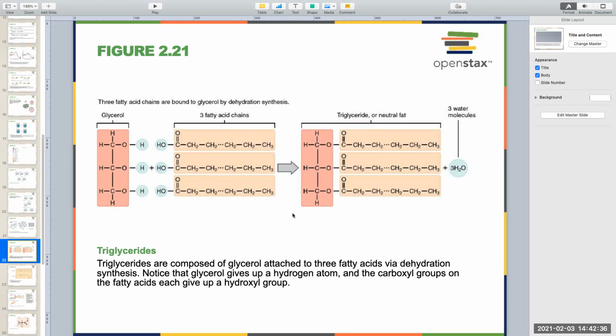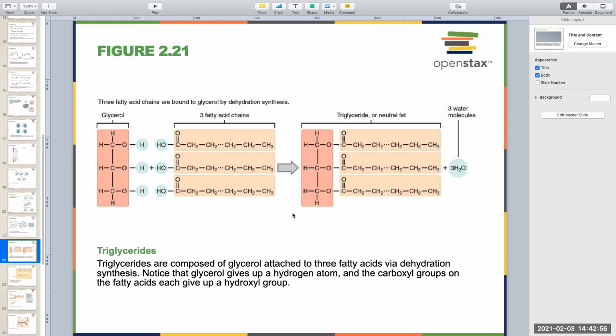So triglycerides are just fats, as we normally call them. They're all important, but this is important because when we talk about saturated versus unsaturated fat, this is what we're referring to, the triglycerides themselves.